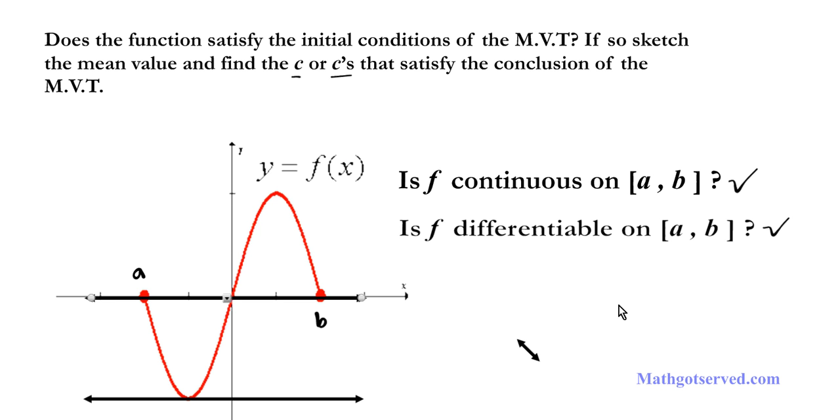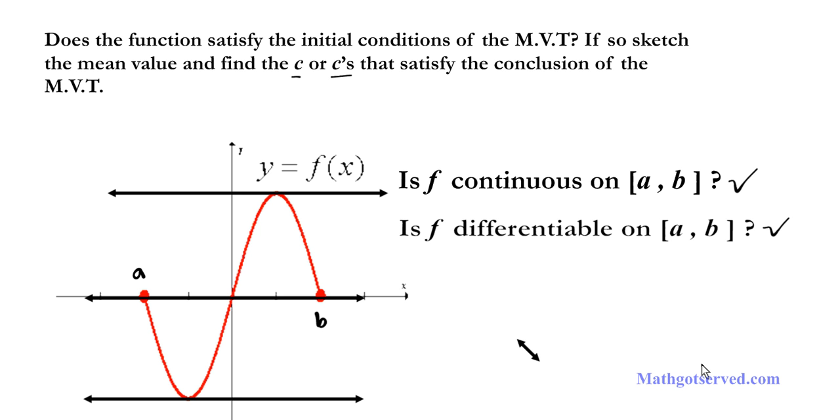Is that the only C? Is there another C that satisfies the conclusion? Is there another tangent line that is horizontal? That's the question. Well, let's move it up. Boom, right there. Okay, so what do we have? We have 2 points, 2 C's that satisfy the conclusion of the MVT.